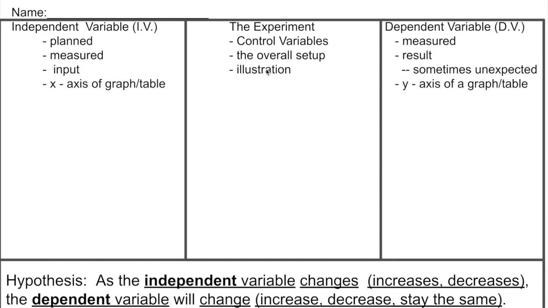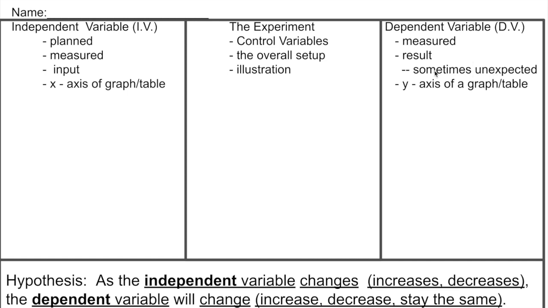Then we need to talk about other parts of the experiment. What are controls? What are some materials we need? We may need to draw a picture of what's going on. And then we need to look at what we are going to be measuring or looking for as a result. Sometimes we don't know exactly what the result's going to be, but generally you should have some idea of what's going to happen, in part just for safety's sake.